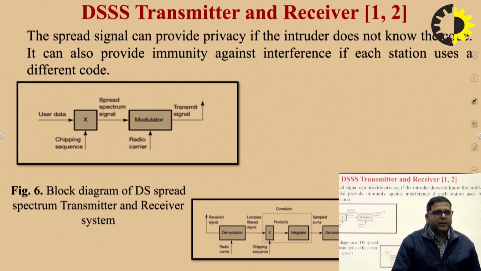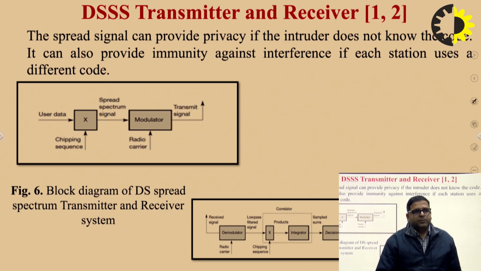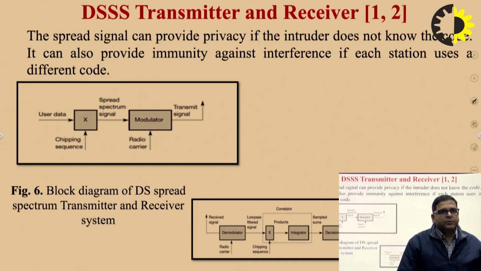After this multiplication, we get the spread spectrum signal, and this spread spectrum signal is used to modulate a high frequency carrier, and after this modulation we transmit the desired signal. Usually in this modulation we use phase shift keying modulation, where we use two values of phase to reflect the information: 0 degrees to reflect 0 and 180 degrees to reflect a symbol 1.